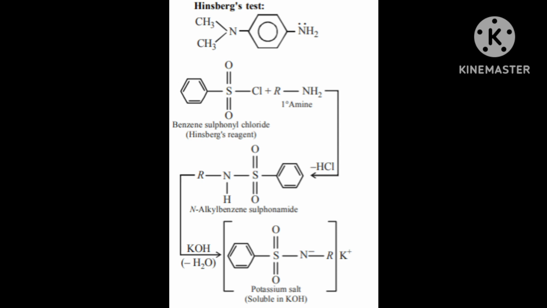It is a very easy reaction. Cl from the benzene sulfonyl chloride and H from the amine. H will go as H plus, N will become negative, Cl will go as Cl minus, and sulfur will become positive.